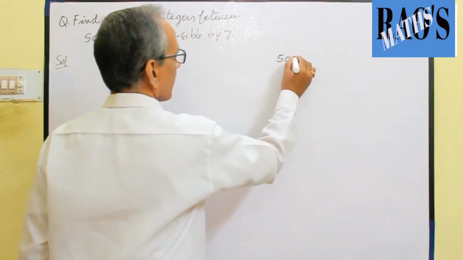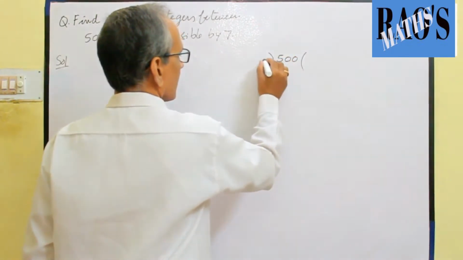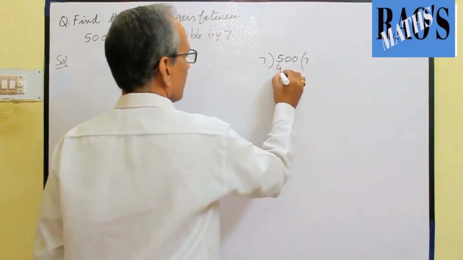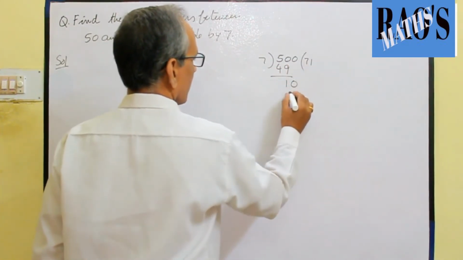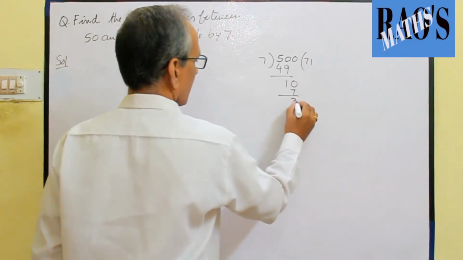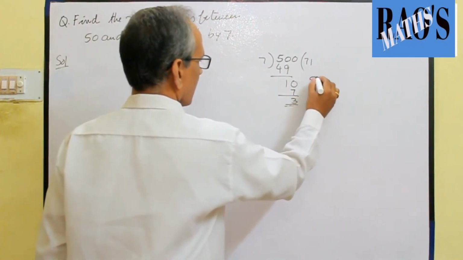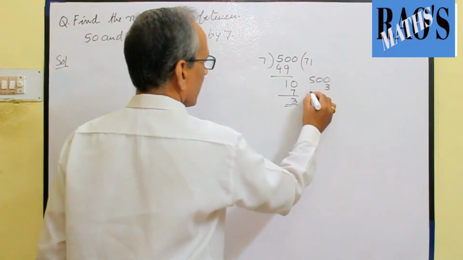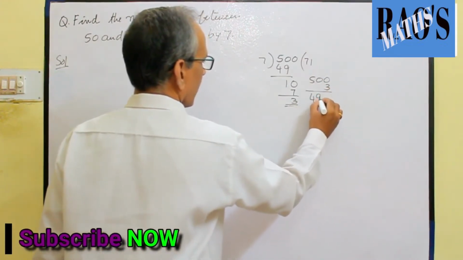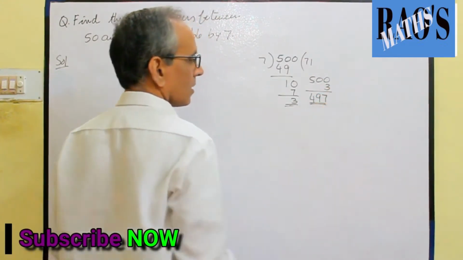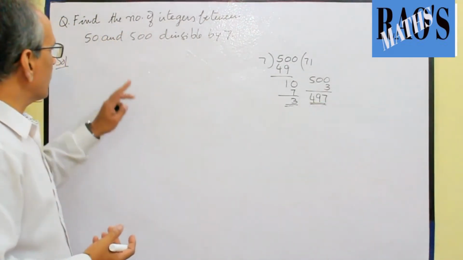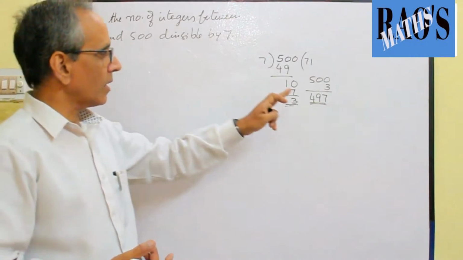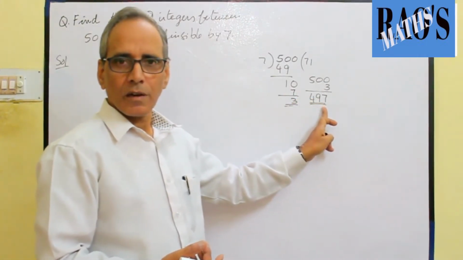Divide 500 by 7. 7 sevens are 49, 1, 0. 7 ones are 7. 3 remainder. So when I subtract 3 from 500, I get the last term in the AP. So I got the first term 56 and the last term of the AP.